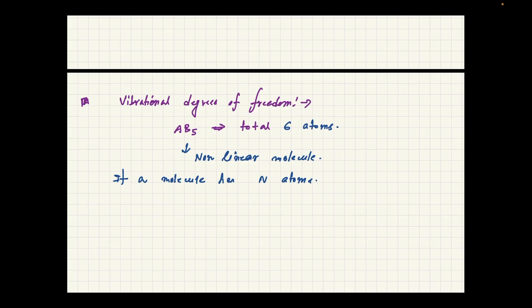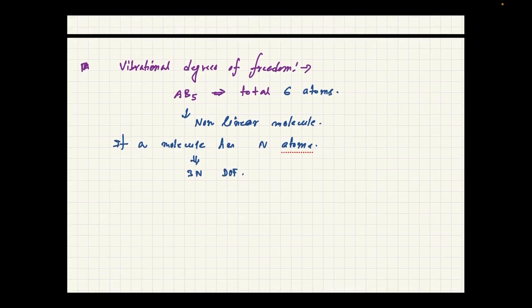So for n atoms it will be 3n degrees of freedom, right? So these 3n degrees of freedom will be composed of translational, rotational and vibrational, right?